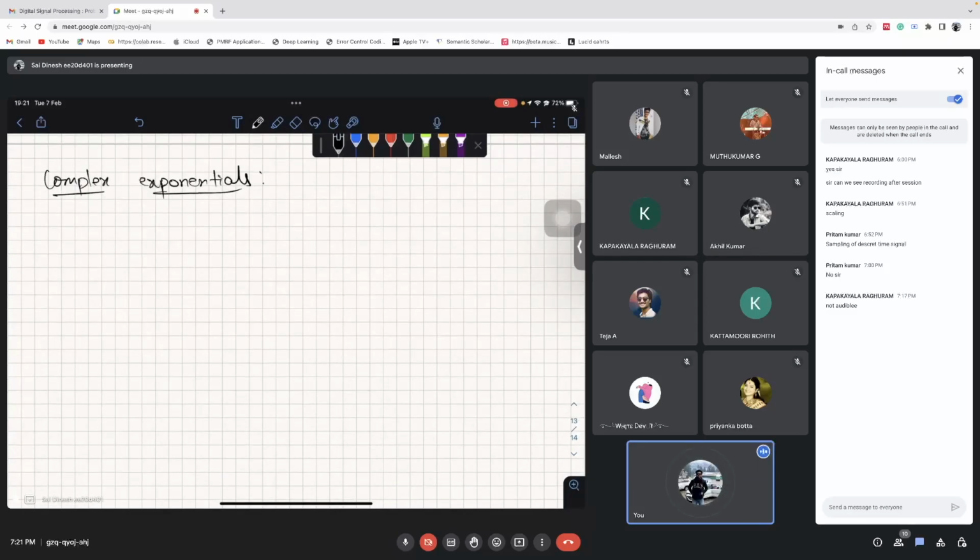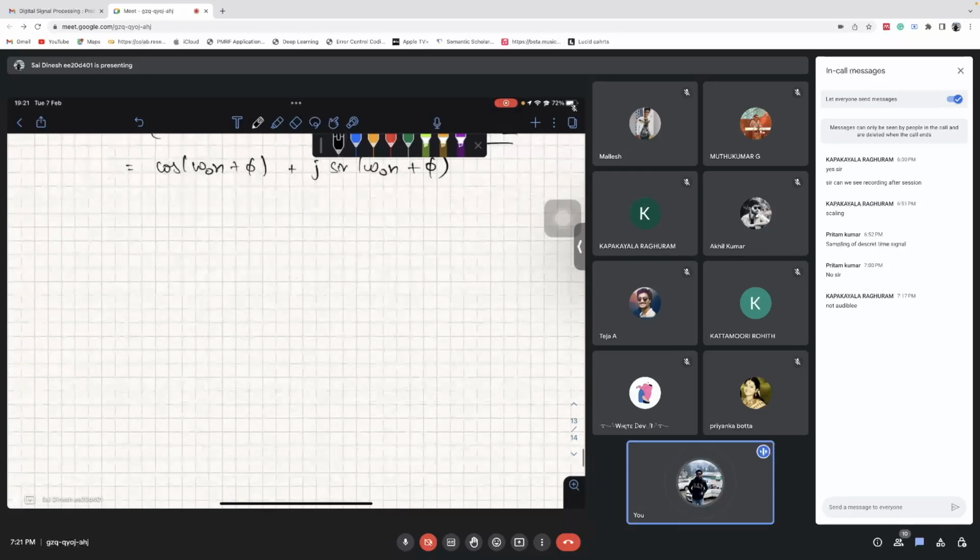So let's say we have x of n equal to e power j omega naught n plus phi. This is a complex exponential. Due to Euler's theorem, it is cos of omega naught n plus phi plus j sin of omega naught n plus phi, with n belonging to the integers.